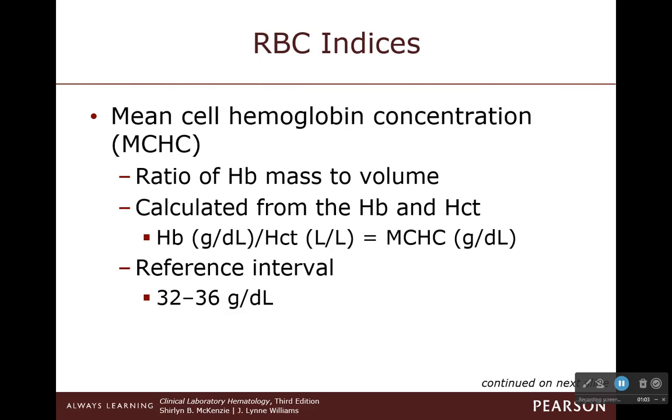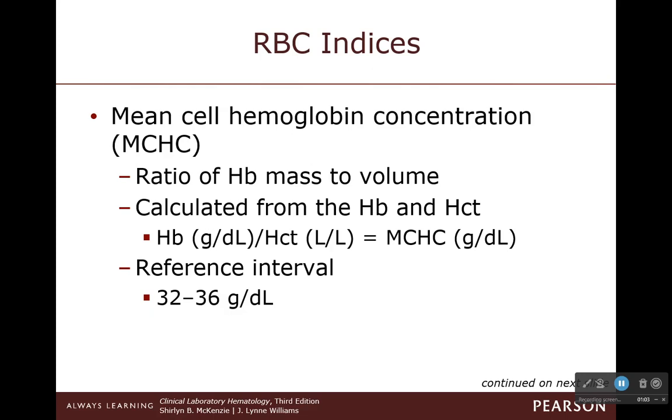Okay, now, listen to me very carefully. When I am hyperchromic, I have no central pallor at all. Okay? Here's the problem. Everybody looking at me, paying attention to me. This is very important. We never use the term hyperchromic.